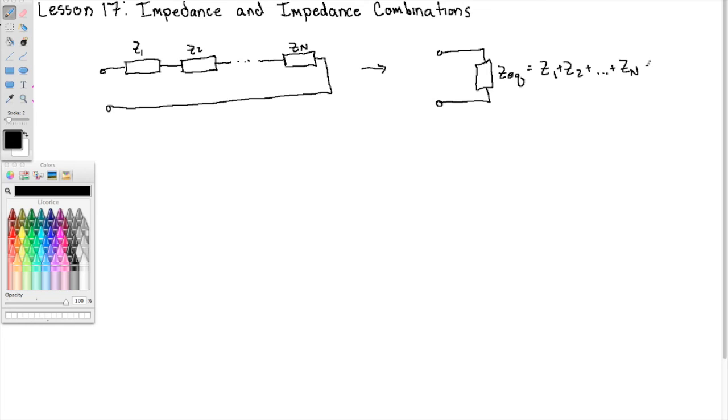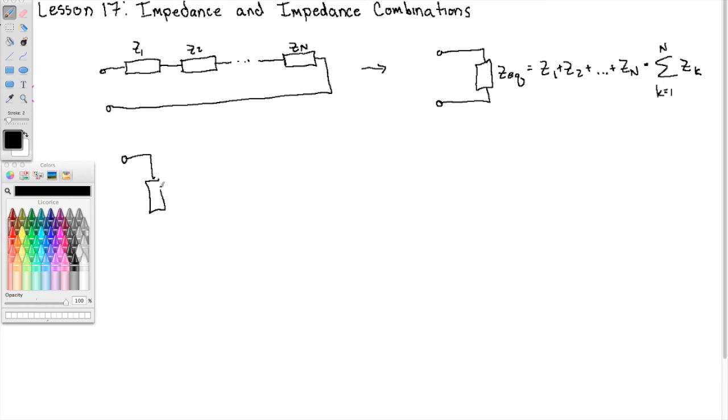And more compactly, that's a summation, K equals 1 to N of Zk. So series impedances combine just like series resistors combine.